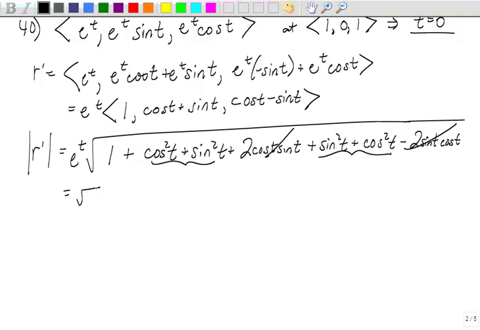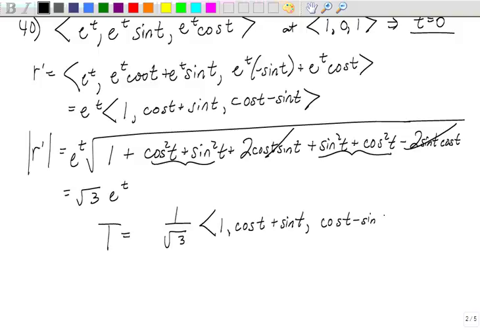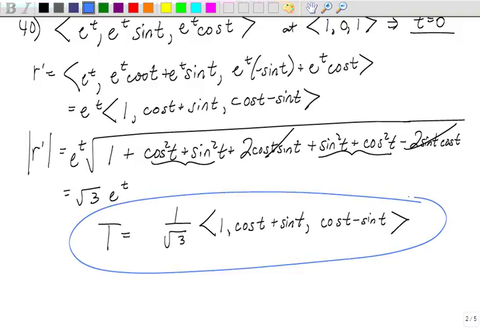So that's just square root of 3 e to the t. So T, the unit tangent vector, is 1 over the square root of 3. The e to the t's are going to cancel. And I have that. So that's the unit tangent vector. And T of 0 is going to be 1 over the square root of 3, 1, 1, 1.